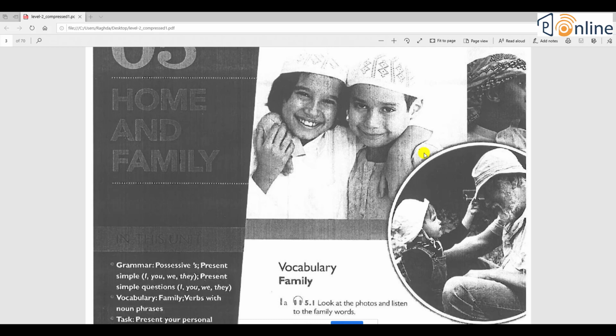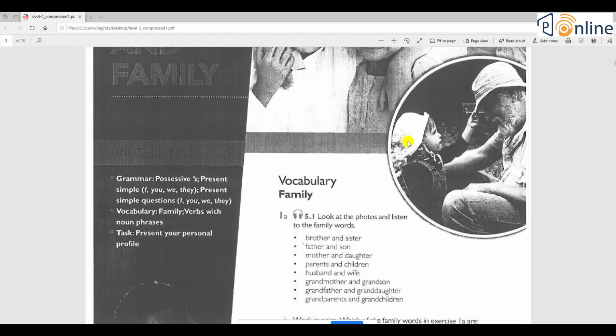So for the vocabulary of this unit, we have family and also verbs with noun phrases. All of these things will be discovered through our lessons.